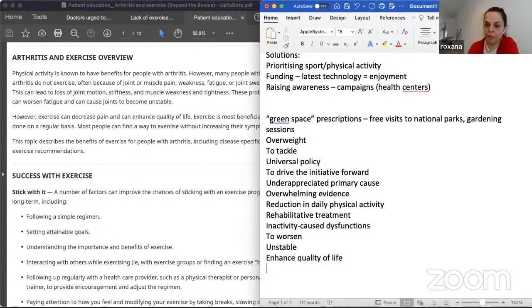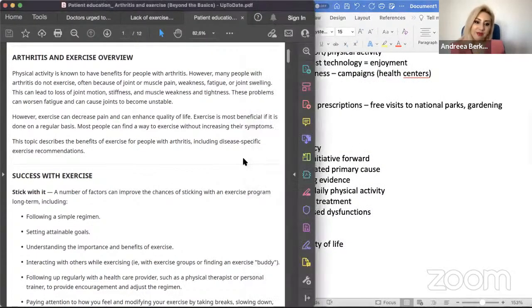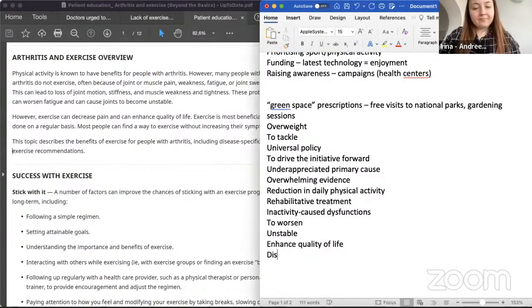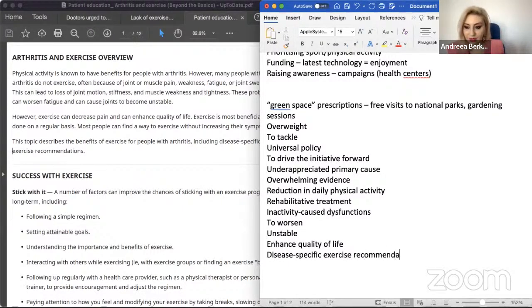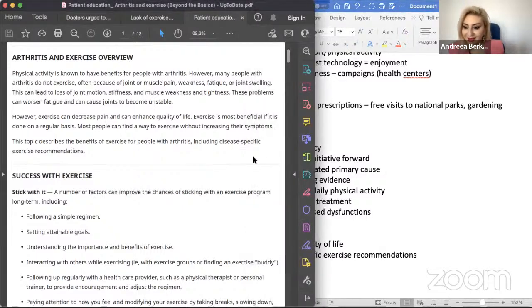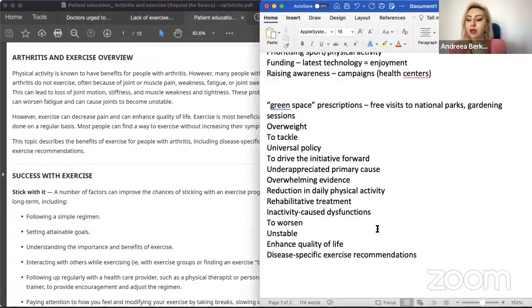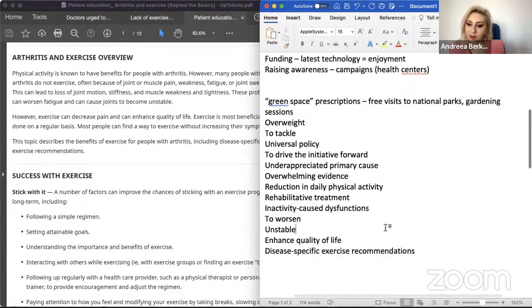I have the phrase disease-specific exercise recommendations, which is a very good idea if you stop and think, because elderly people are usually connected, as you said, with comorbidities, and each of them would require a specific type of exercising.